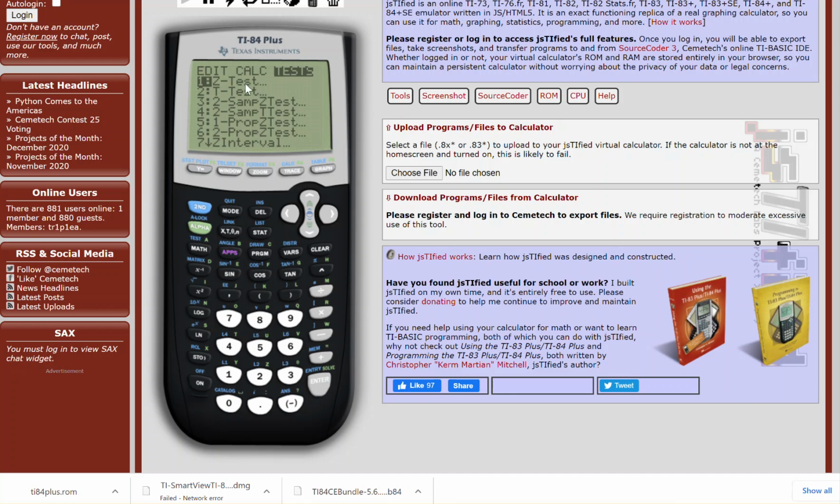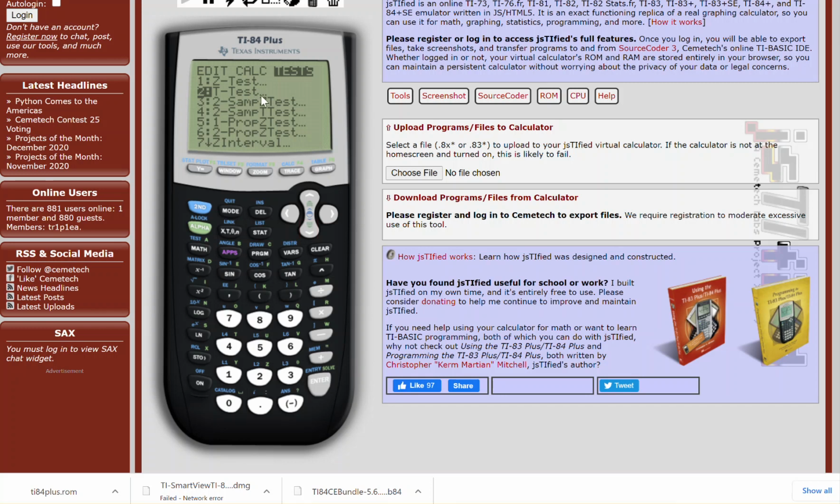This Z-Test means you are testing about the population mean and the sigma is given, so you can use this Z-Test. Next one, if you want to use this T-Test option, that means you are testing about the population mean, but the population standard deviation sigma is not given.